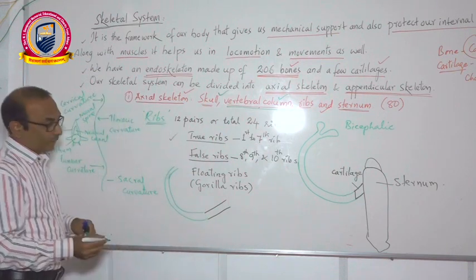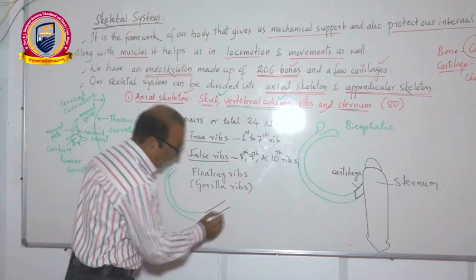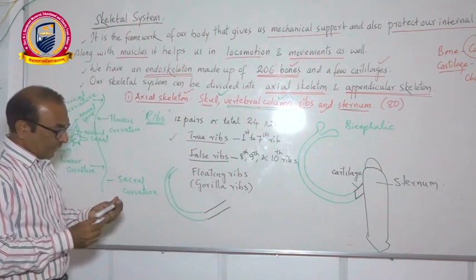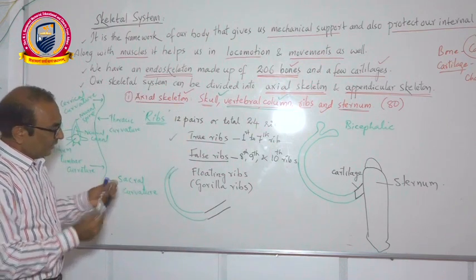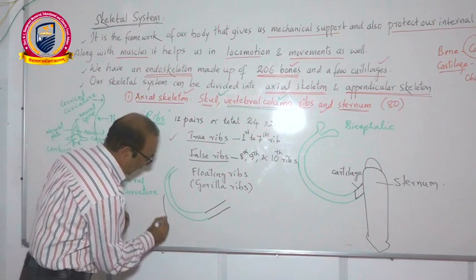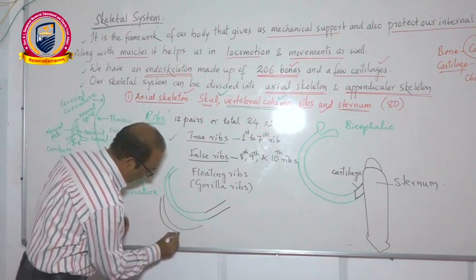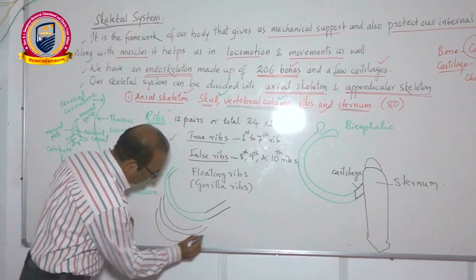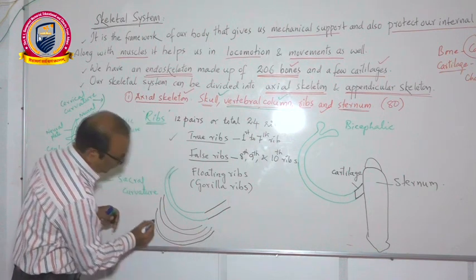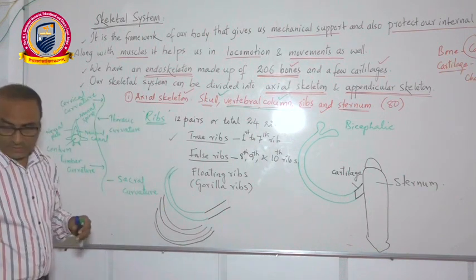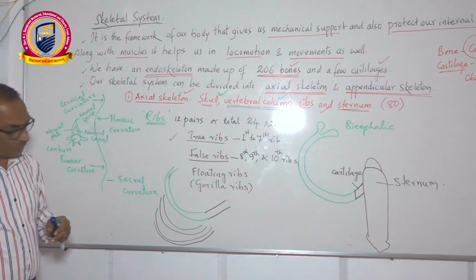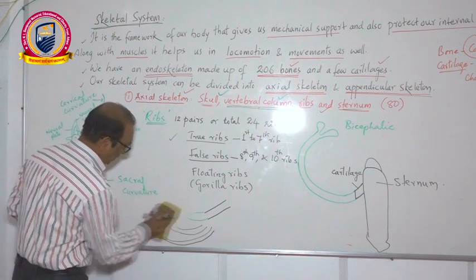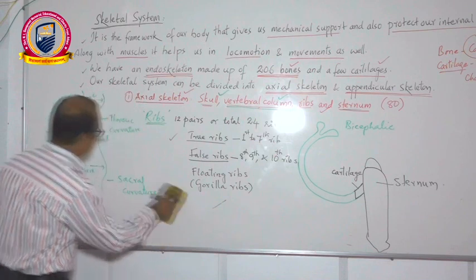This is the articulating cartilage of the 7th rib. To this cartilage, the 8th, 9th and 10th are attached. Let me draw it a little upside so that I can show you how they are connected. Okay, we'll use this area.